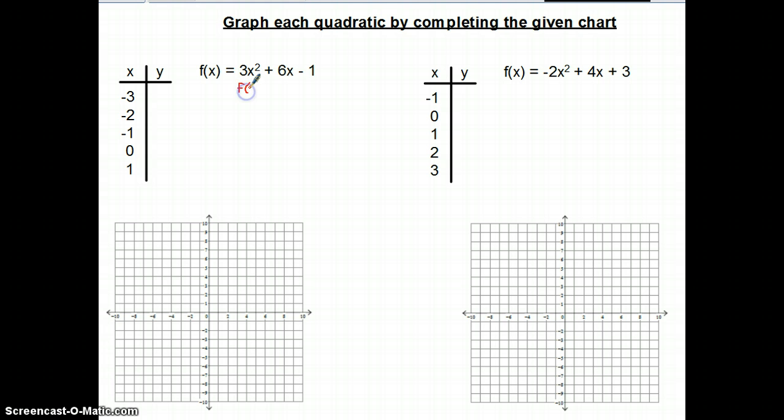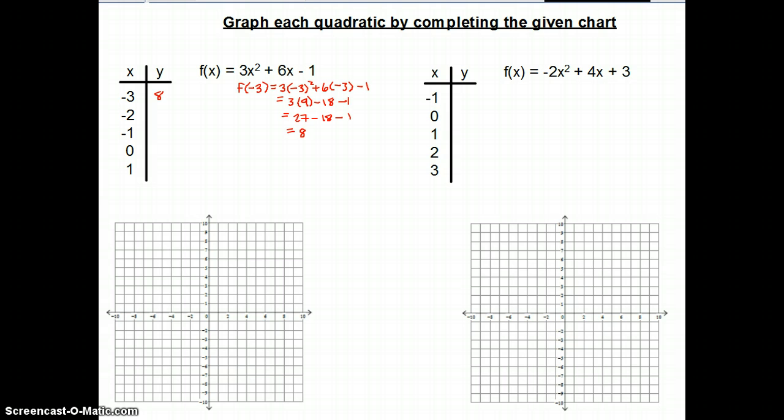What I'm going to do is input my -3 for x, so f of -3, or we can interpret that as the y value when x is -3, is 3 times -3 squared plus 6 times -3 minus 1. 3 times -3 squared becomes 3 times 9, minus 18 minus 1. 3 times 9 is 27, minus 18 minus 1. 27 minus 18 is 9, minus 1 is 8. So the y value that corresponds with -3 is 8.